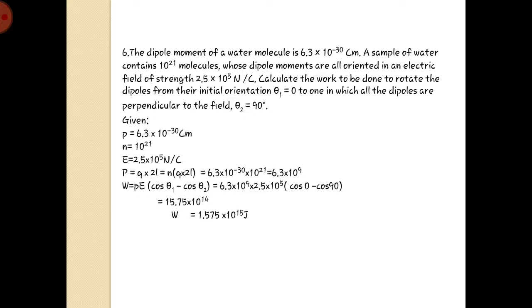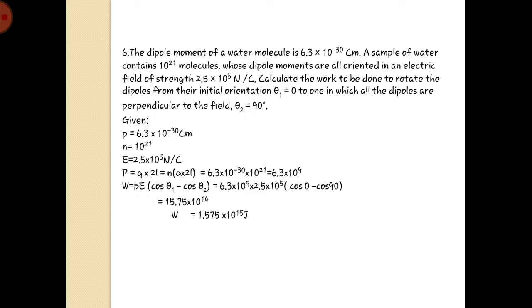Am I right? So as they create a dipole moment, it has a value of 6.3 into 10 to the power minus 30. Okay, so as we are giving an electric field to this molecule, what will happen? All these molecules try to orient inside the field. So their orientation is from 0 to 90. So we can take theta 1, that is the initial orientation, as 0 and the final orientation as 90 degree.